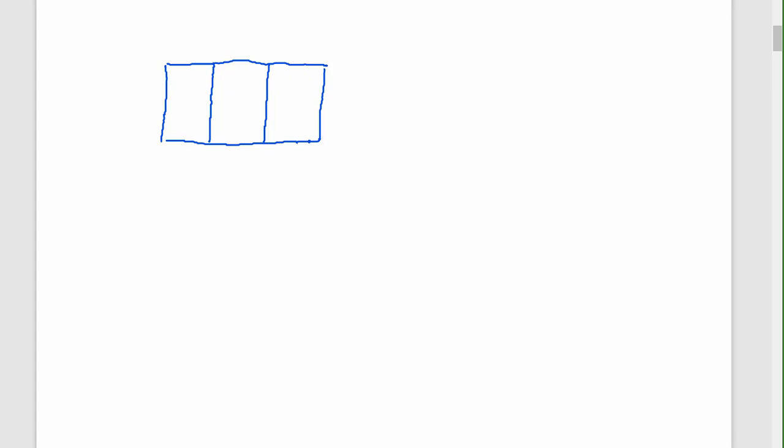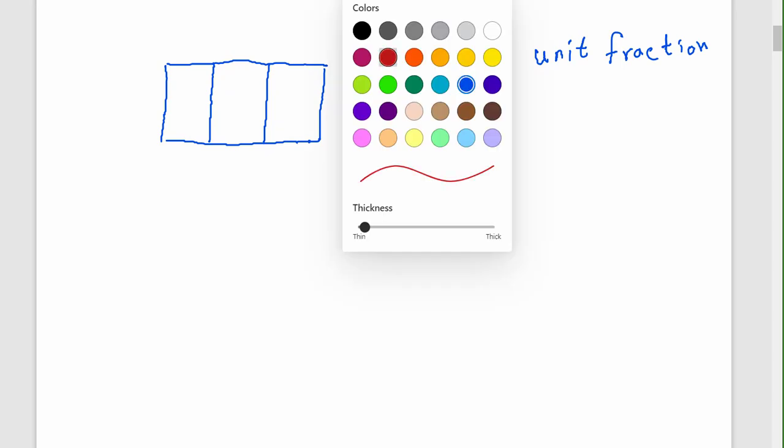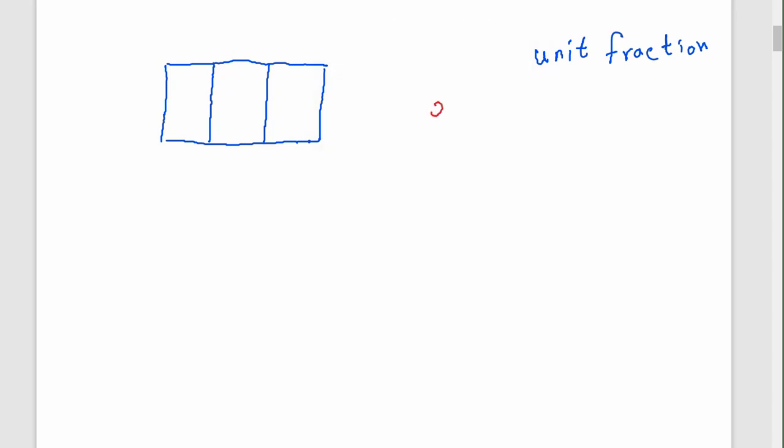The first concept that we are using is the unit fraction. What do we mean by unit fraction? The unit fraction is 1 part of the equal parts of the whole.